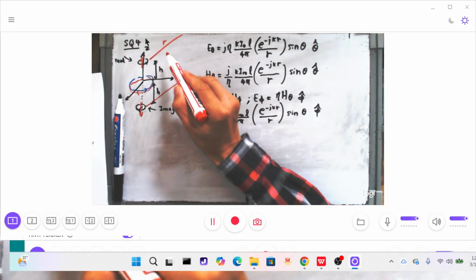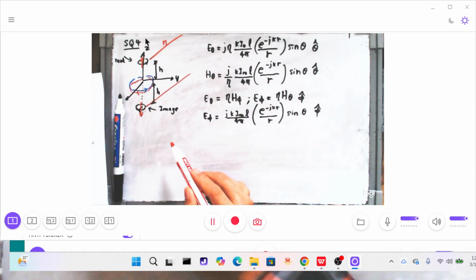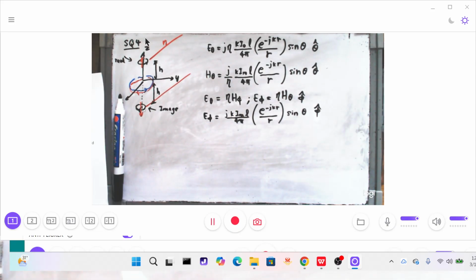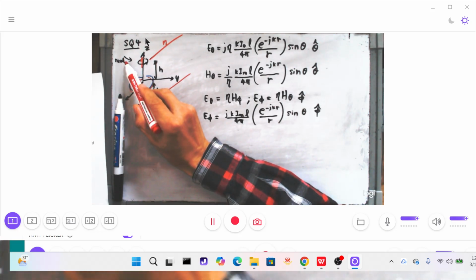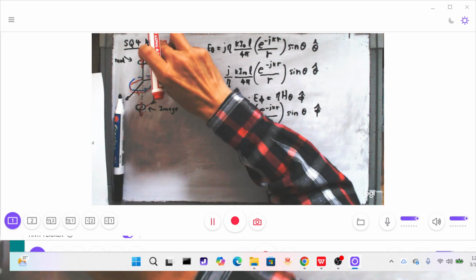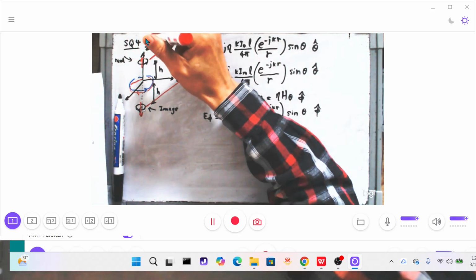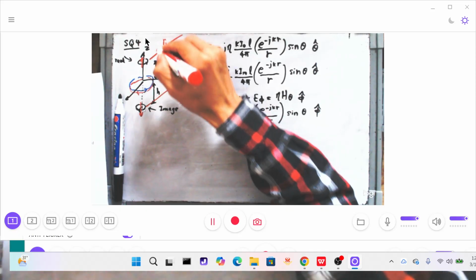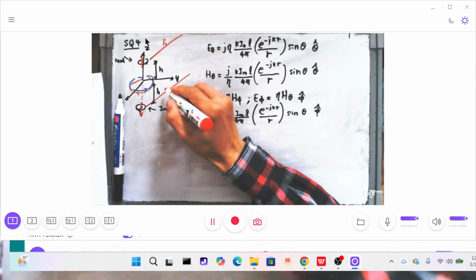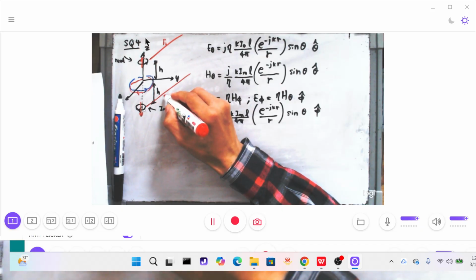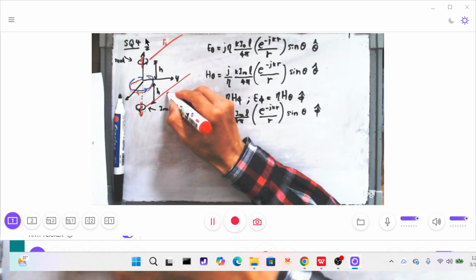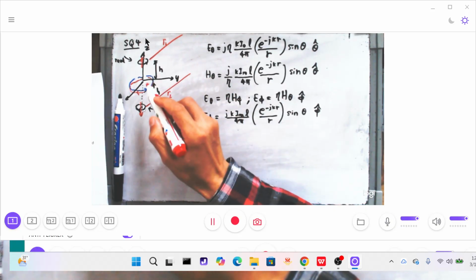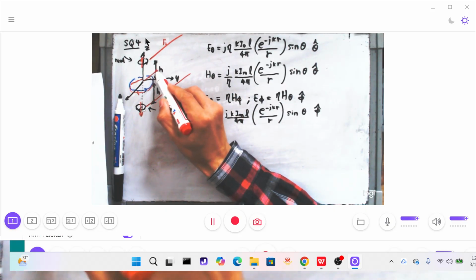So I will assume the field component originated from the view antenna is rho 1. So this is rho 1, and in terms of distance, rho 1. The field component as a result of the image antenna will go through this pathway. This pathway is rho 2, and the combined pathway is rho.